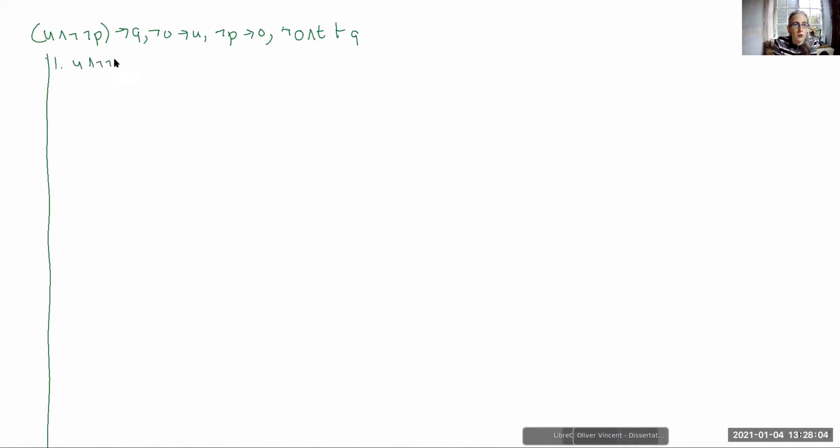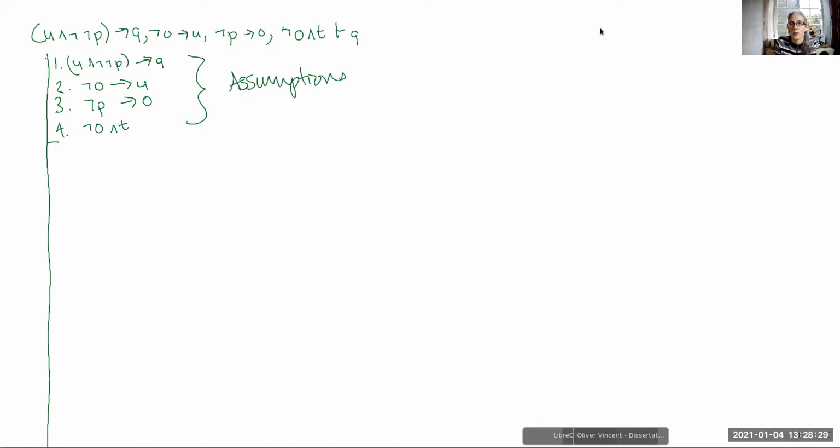So first we're going to assume that U and not P implies Q, that not O implies U, that not P implies O, and that's both not O and T. So these are all assumptions.